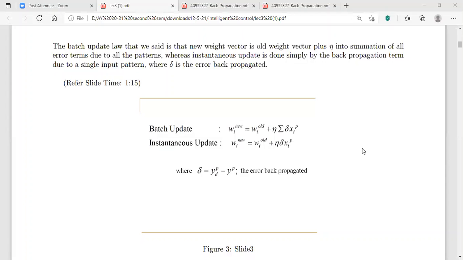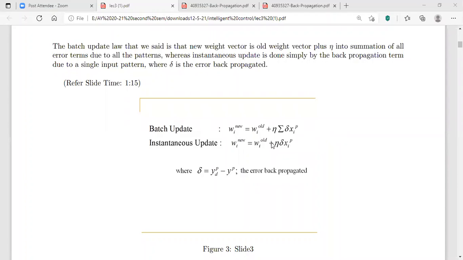While updating your weights, in your Hebbian rule, we have updated using the batch update, that is W new is equal to W old plus eta into summation of delta XIP.